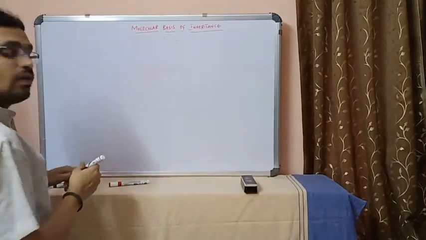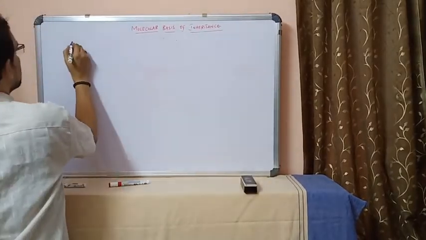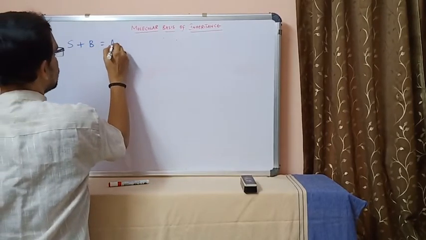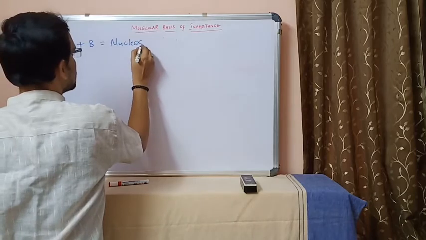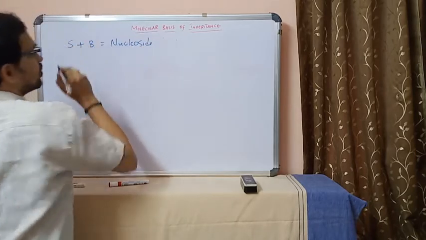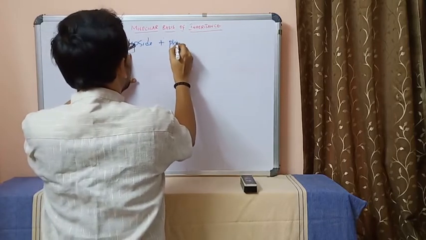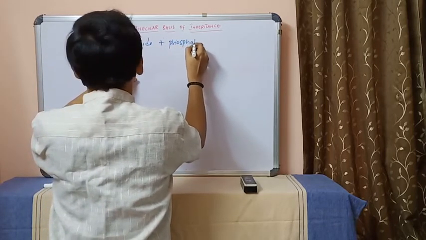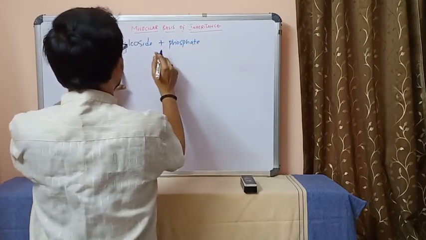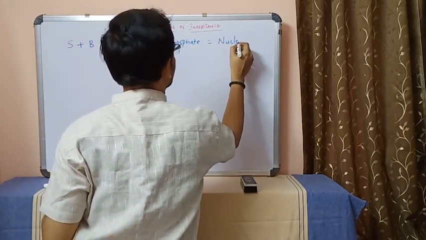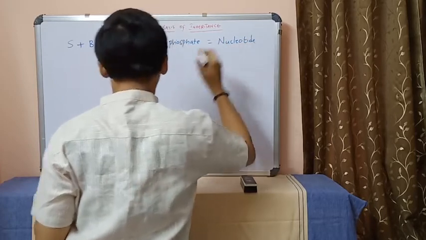So first, what is a nucleoside? Sugar plus base is equal to nucleoside. Nucleoside plus phosphate is equal to nucleotide.